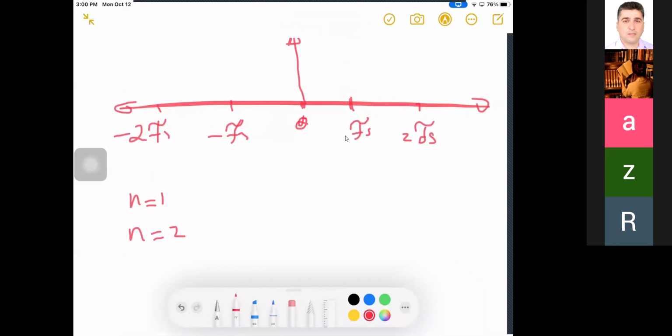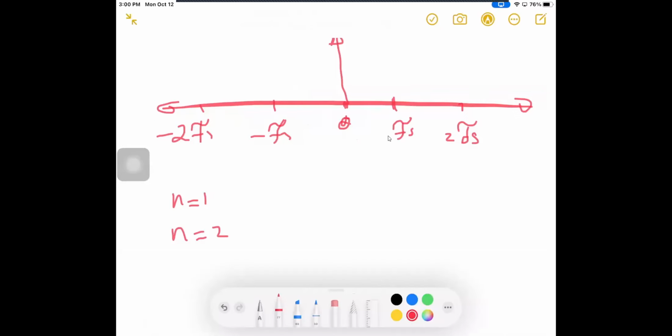Okay, we have talked about the double-sided spectrum of the signal S of F. So the final figure will be as follows.